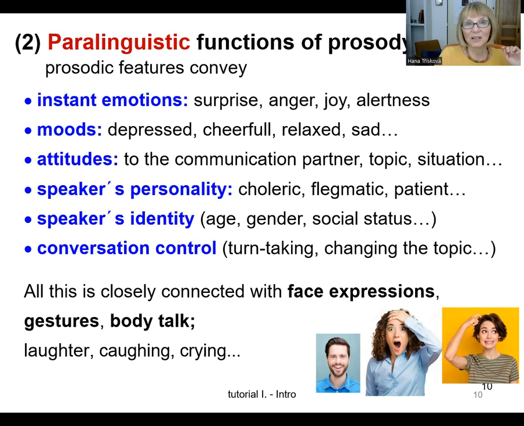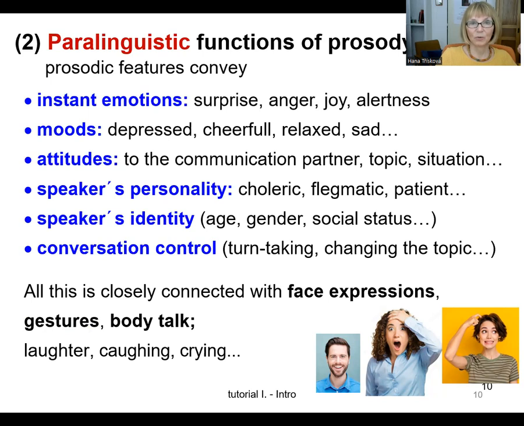And they tell us something about his attitudes, for instance, to the communication partner or to the topic of conversation or to the whole situation. And the prosodic features also give us clues about speaker's personality. We can tell quite often whether the speaker is choleric or phlegmatic or patient or impatient. I mean, his character, not instant mood.